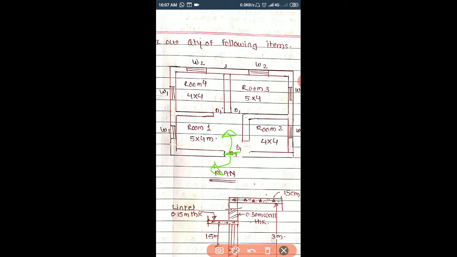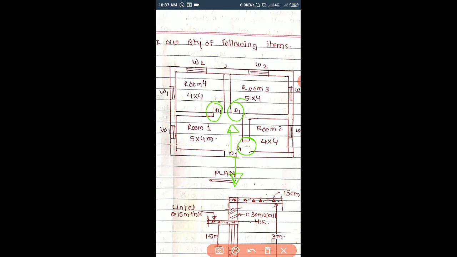The remaining doors, this D1, this D1 and this D1, these 3 doors are totally internal doors. But only one door, that is D1, we have to consider in the internal plastering and in the external plastering.